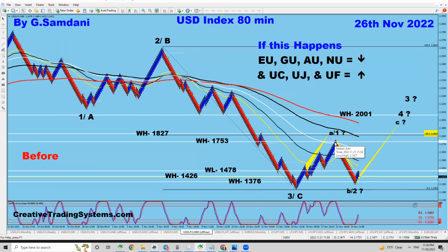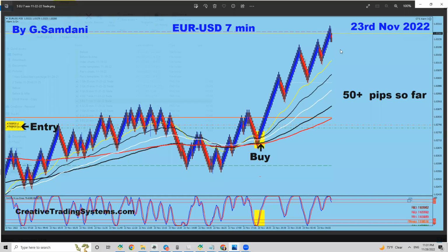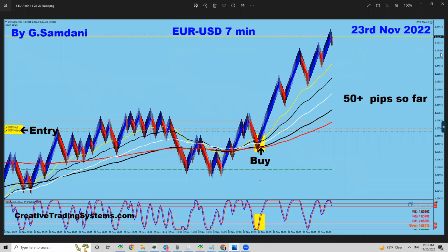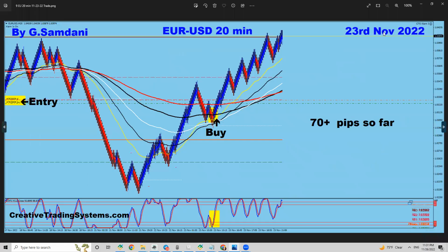When I was expecting it to drop from there to there, USD was getting weaker, right? That means Euro USD and Pound USD will go up, and USD Yen and USD CAD will go down. So what happened last week based on this? Let me show you. For example, Euro USD was supposed to go up and it went up. Another Euro USD trade on the 23rd also went up.